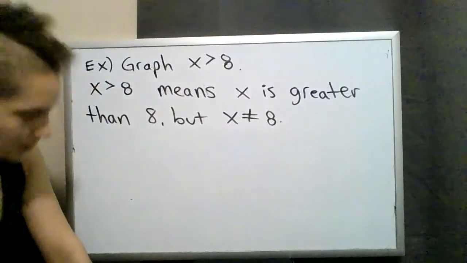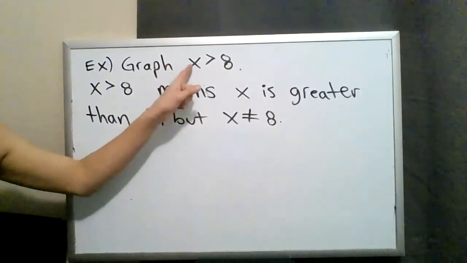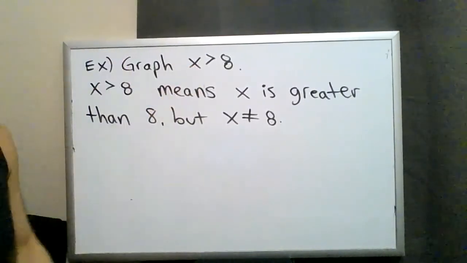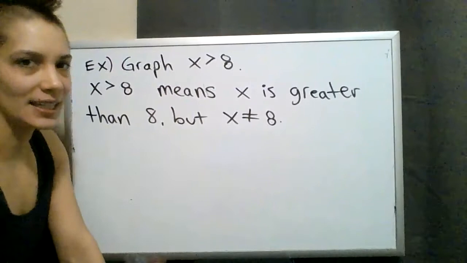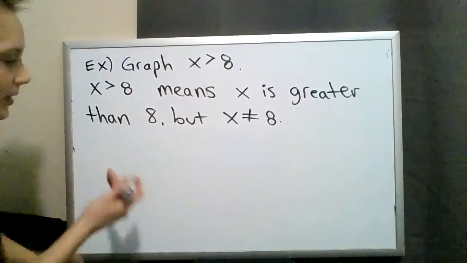Okay, so X can be 9 or 10, but not anything like 7 or 6 or 5.